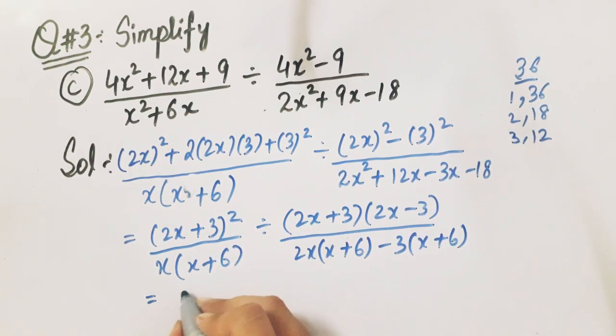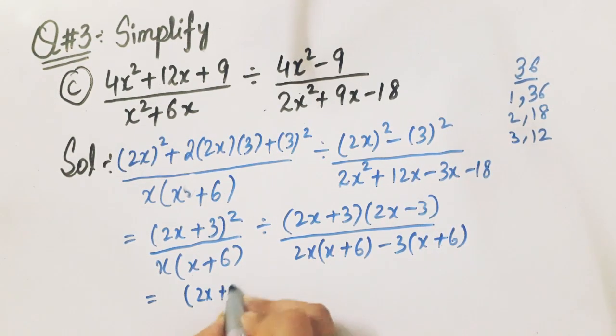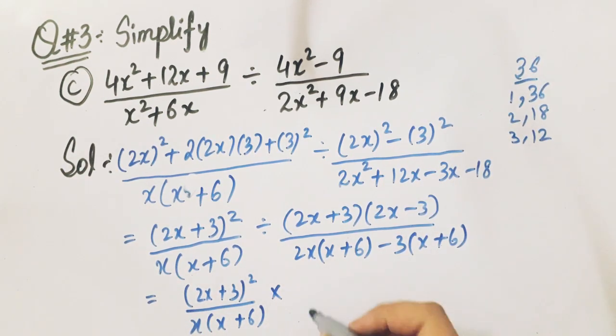Now you will write the next step, 2x plus 3 square into x plus 6, and division is converted into multiplication.